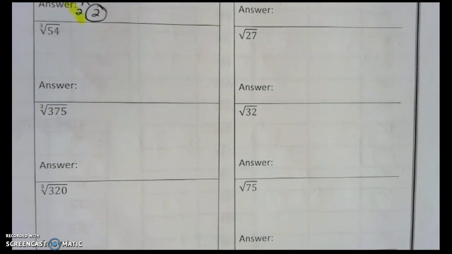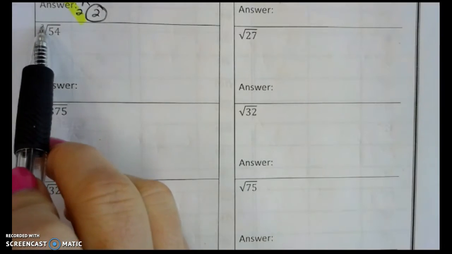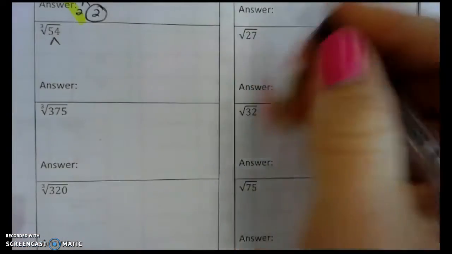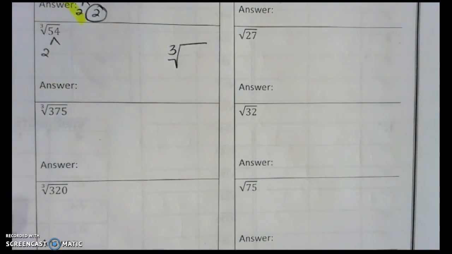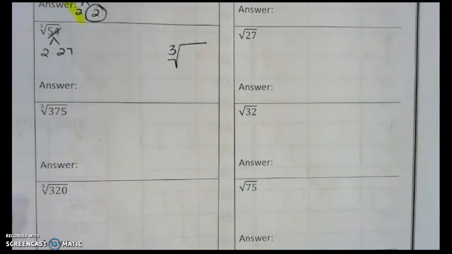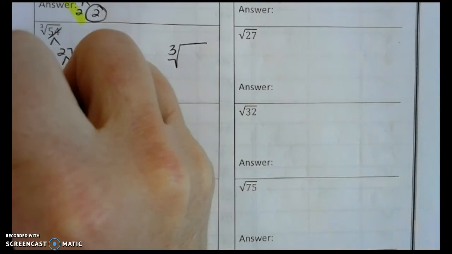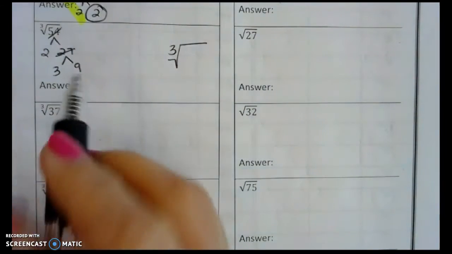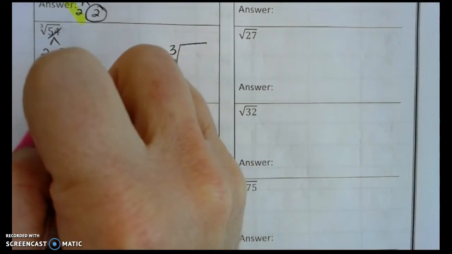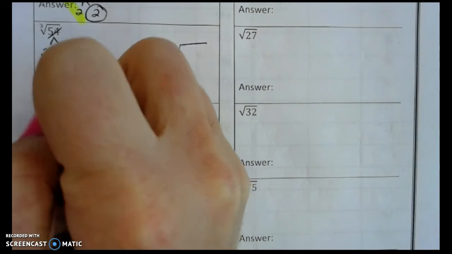The cube root of 54, it takes 3 to factor out. Our answer will also be a cube root at the end. 54 is divisible by 2. That'd be 2 times 27 makes 54. 2 does not go into 27, but 3 does. 3 times 9 makes 27. 9 is not a prime number, so we factor it to 3 times 3.